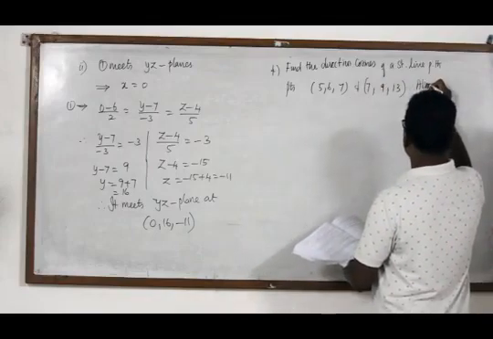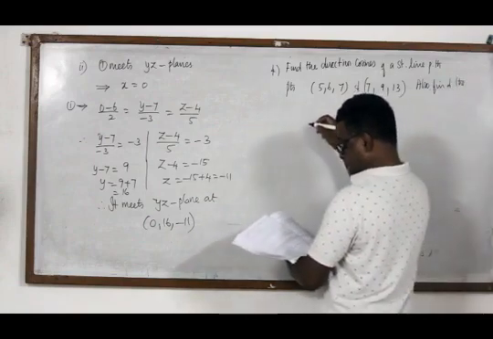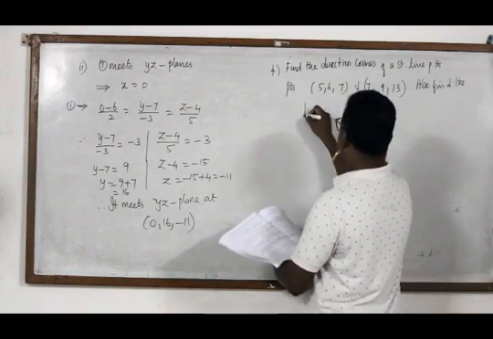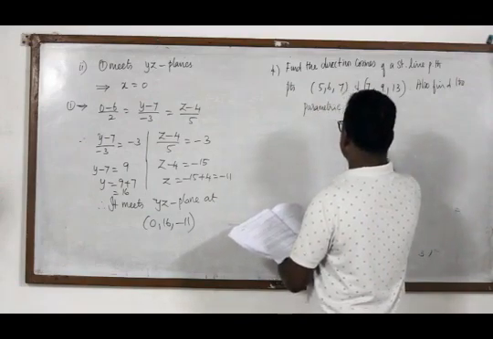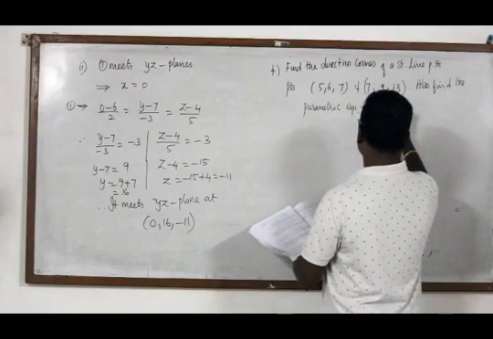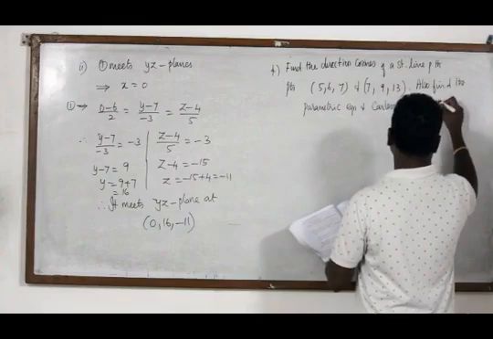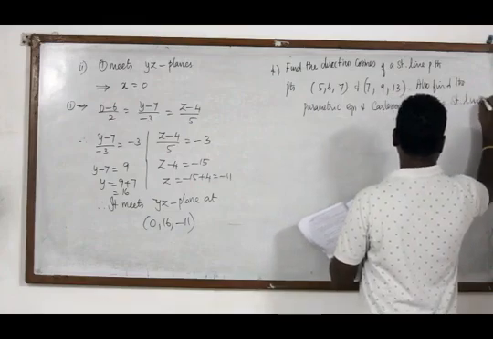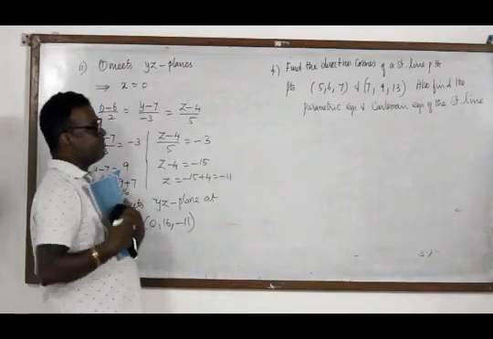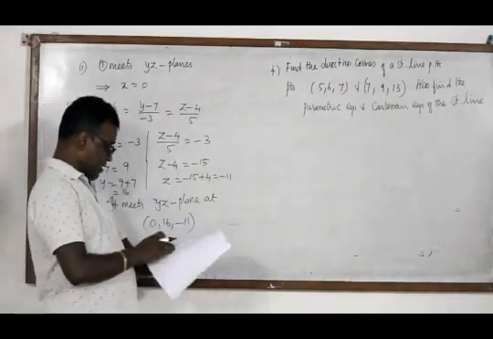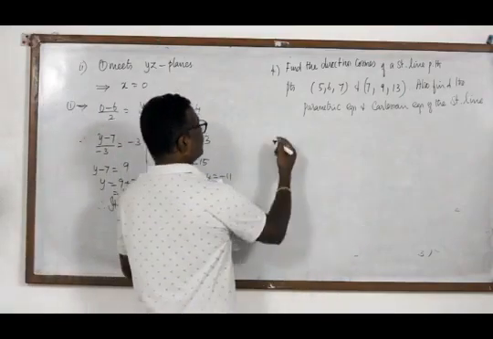Also find the parametric equation and Cartesian equation of the straight line. First we shall find the straight line in parametric form and Cartesian form, and then we shall find the direction cosine. Now listen here.